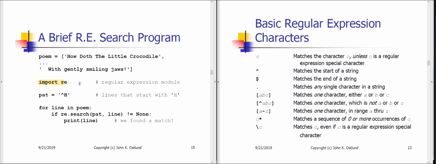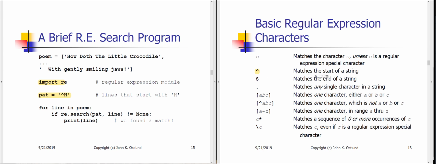RE for regular expression, and of course the name itself is so short that we don't need an abbreviation. The first regular expression character that I'm going to make use of in this pattern that I'm searching for is the caret symbol, or the hat symbol, or the circumflex symbol, or the up arrow symbol, or whatever you want to call that thing. We'll just call it the caret.